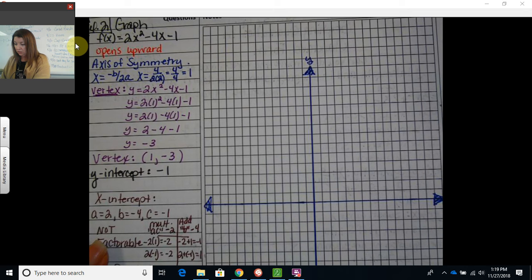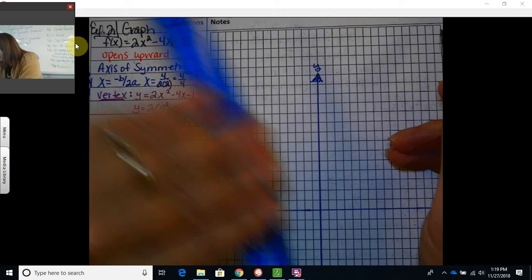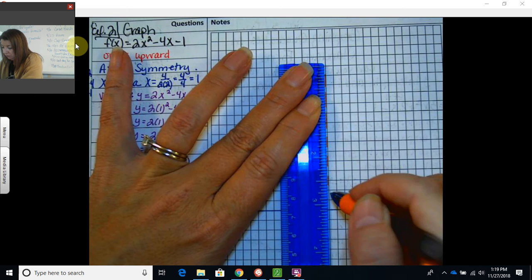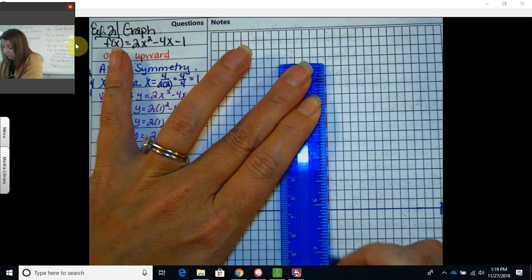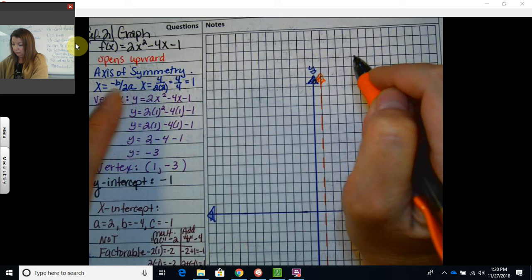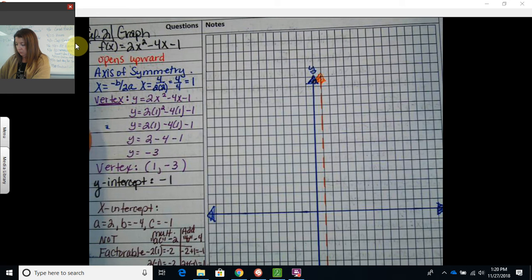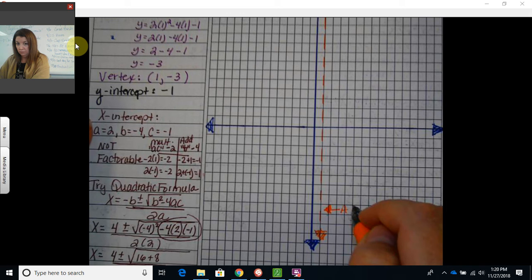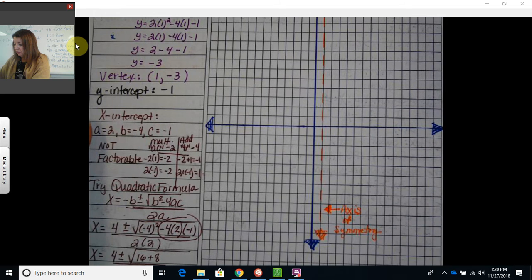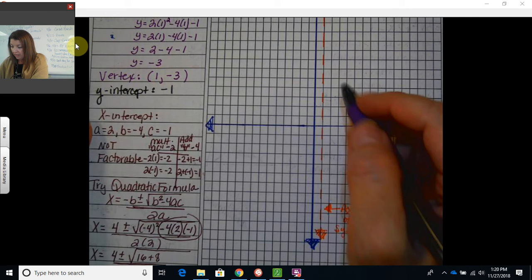We know our axis of symmetry is at x equals 1. So there will be a vertical line that crosses the x-axis at positive 1.